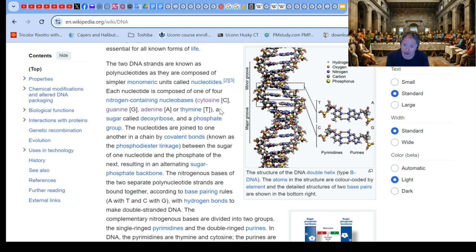Well, 24 is 2 times 12. Some people commented, oh, that's the 24 avatars of Vishnu.